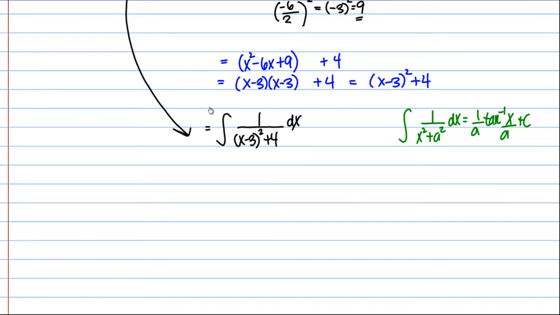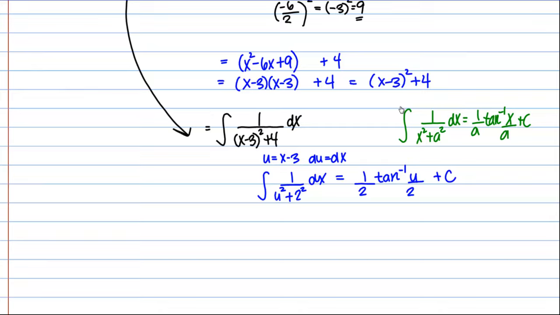So let's just do a little u substitution here, just to make it match this form more exactly. We'll let u equal x minus 3. So then du just equals dx. So I've got the integral of 1 over u squared plus, and I'm going to write this as 2 squared. Okay, so if I take that antiderivative, I'm going to get 1 over 2 inverse tangent of u over 2 plus c.